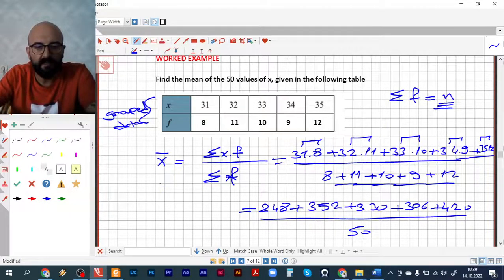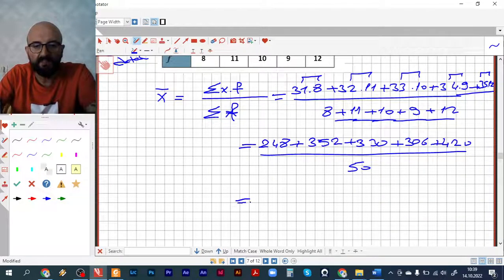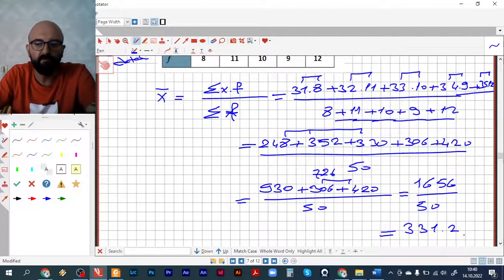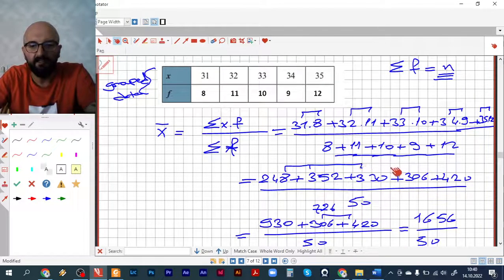Okay, now I'm going on with this process. 248 plus 352 is 600, 930, 930 plus 306, and 420, that is 1656 over 50. So it should be 331.2.